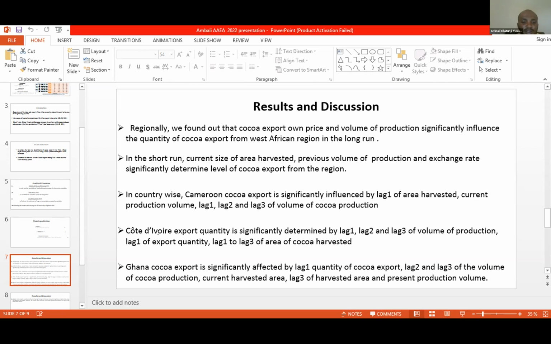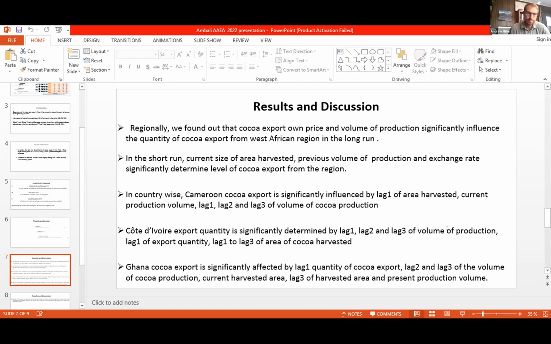For that of Côte d'Ivoire, export quantity is significantly affected by lag 1, lag 2, and lag 3 of volume of production. Then lag 1 of export quantity, the previous year, and lag 1 to 3 of the area of cocoa harvested.